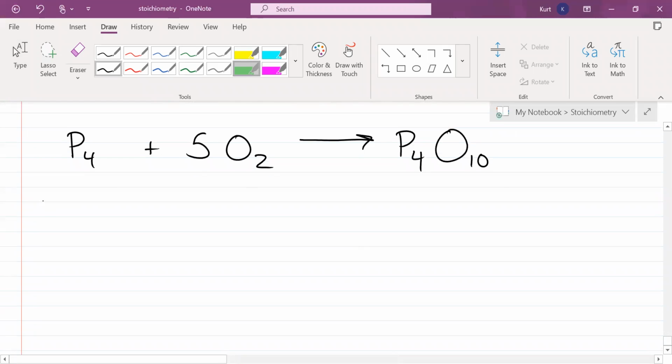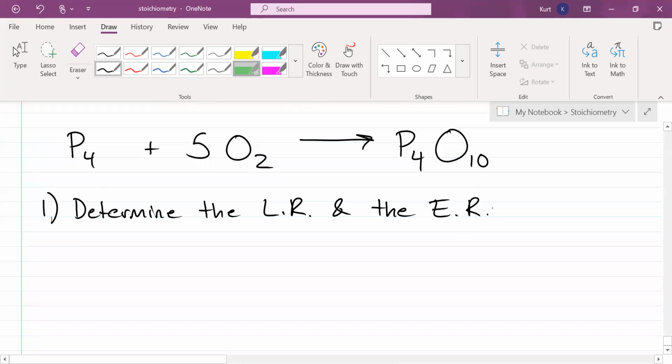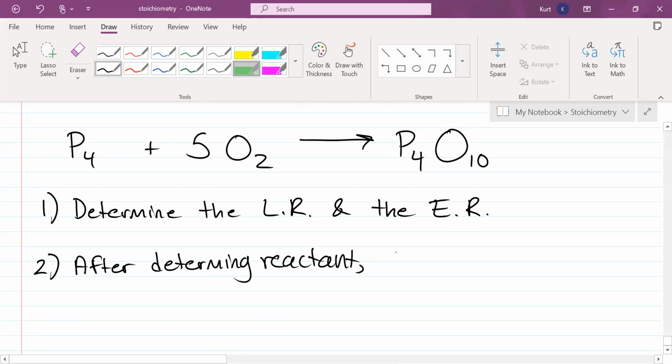Here's what I want you to do. Step 1, determine the limiting reactant and the excess reactant. Step 2, after determining the limiting reactant, calculate the maximum amount of product produced.